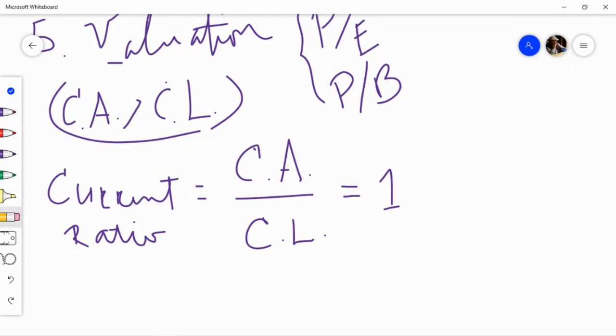So you might wonder, as long as current assets are greater than current liabilities, then that should be good. No, if it is greater than current liabilities, right, there are two possibilities.